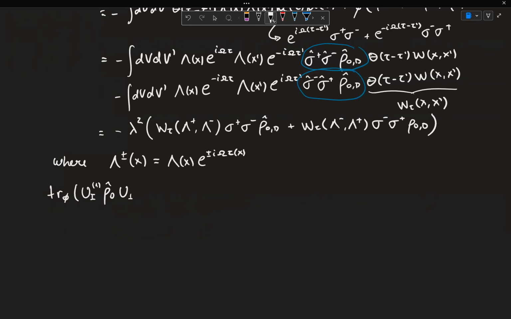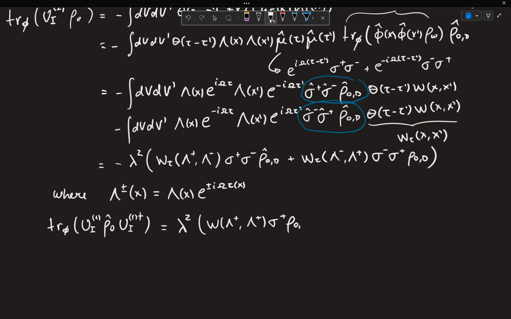But if you compute this, what you're gonna find will be lambda squared, and you're gonna have a contraction of lambda plus and lambda plus, and the rho 0 being sandwiched between sigma plus and sigma plus. You're gonna have another term which is the W of lambda minus lambda plus, and the rho now being sandwiched between sigma plus and sigma minus.